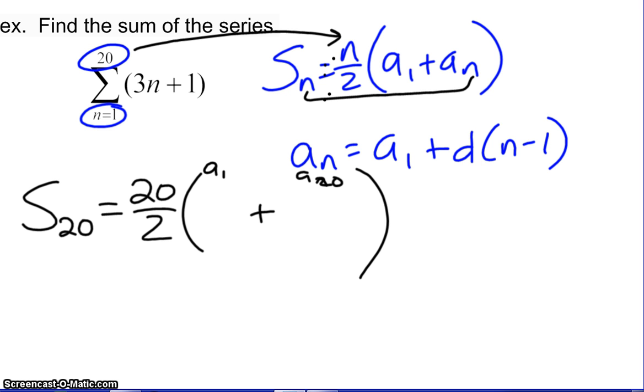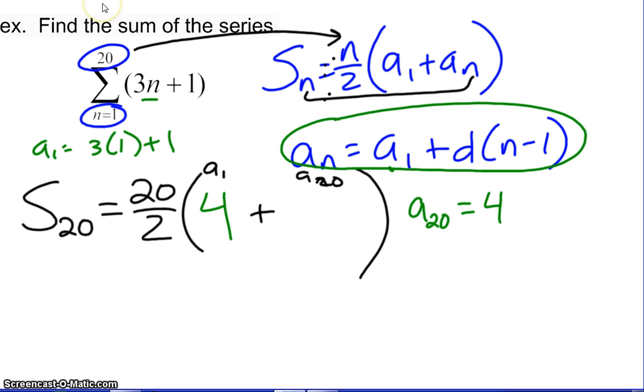So now we need to find the first term, so plugging in 1 here, 3 times 1 plus 1 gives us a first term of 4. And then we will need to find the 20th term in the sequence here.